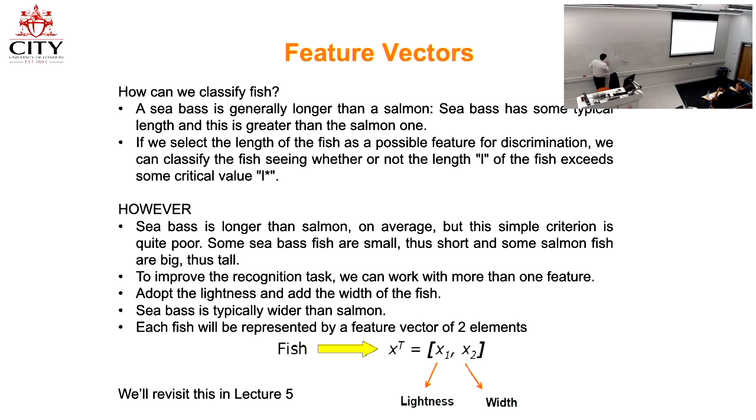Add a third vector, say, I don't know, number of fins or whatever. So we can add more features, something that would make it easier to separate the items that you have. So this is a very, very simple classification thing.